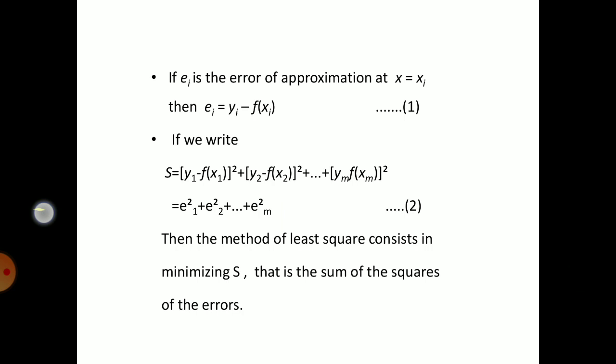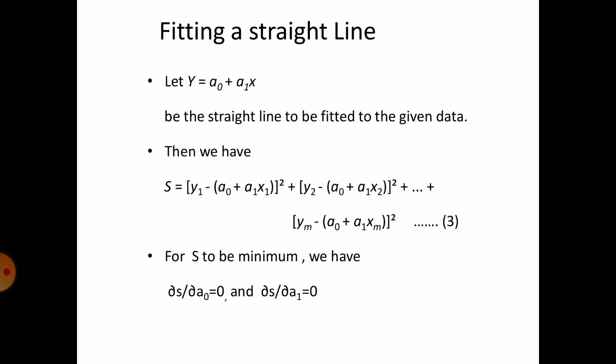Then the method of least squares consists in minimizing the value of S, because S is the total error, and we have to minimize this error. Least square means minimize the error S, that is the sum of the squares of the errors, that is e1 square plus e2 square plus and so on up to em square.